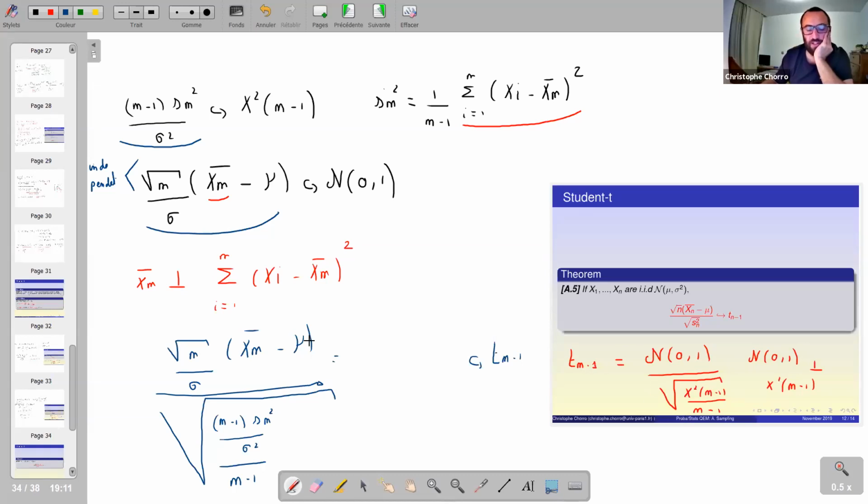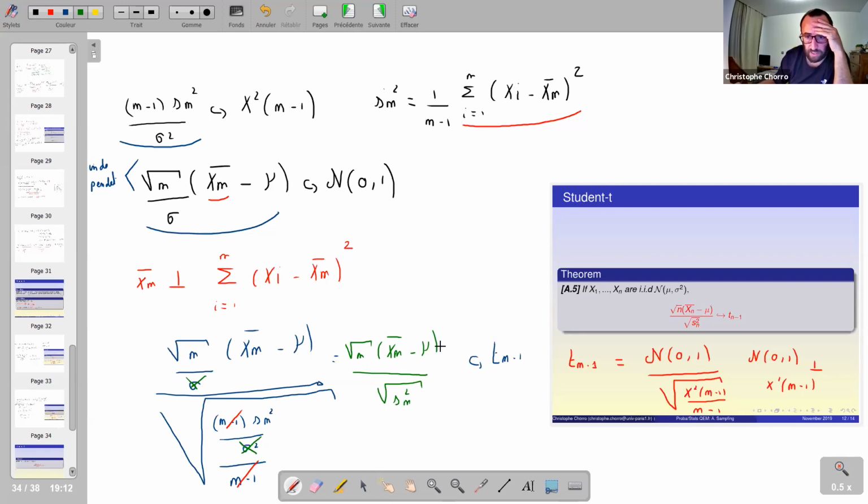If I simplify this expression a little, I see that I have a simplification between the n minus 1 here and the n minus 1, and a simplification between the sigma here and the sigma here, because I have the square root of sigma square, with sigma chosen to be positive. So at the end, I have simply the square root of n, xn overline minus mu, over the square root of Sn square.